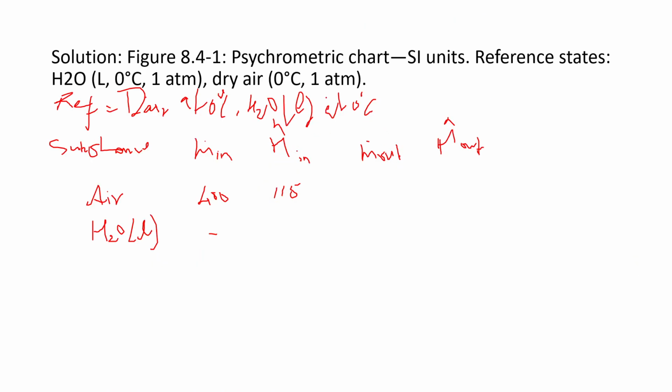For air out, it's again 400, along with moisture content 6.92. And the H out, we found it to be 29.5 here.